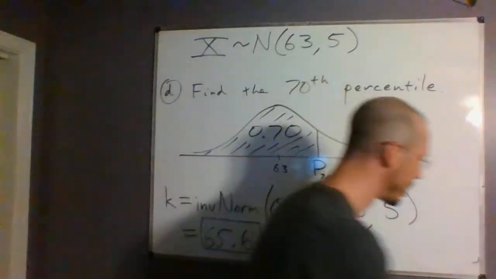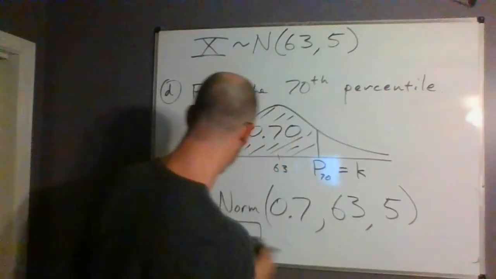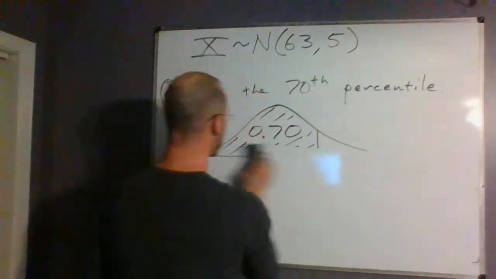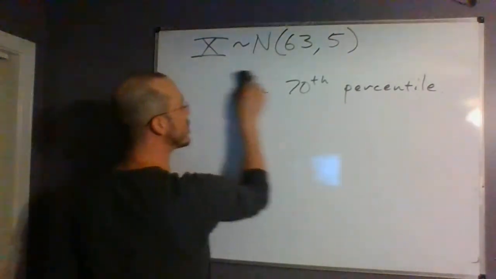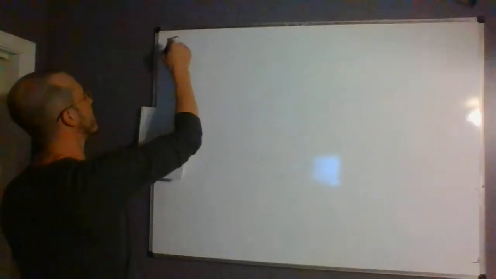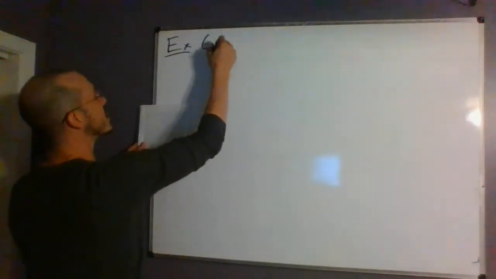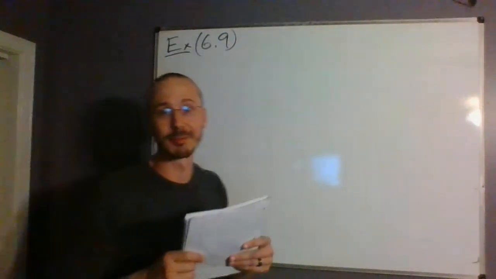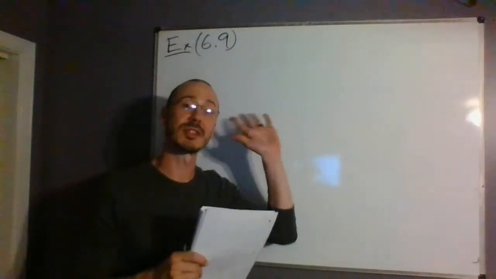Okay, so I have another example that's going to demonstrate a little bit different use of the normal CDF function. This is example 6.9, and I don't want to write the whole thing up there. I'm going to read it and just summarize.